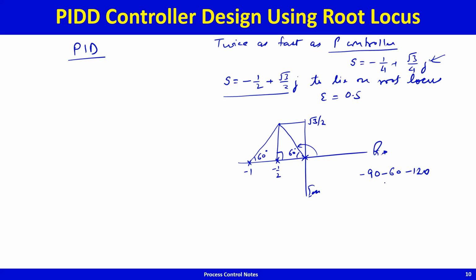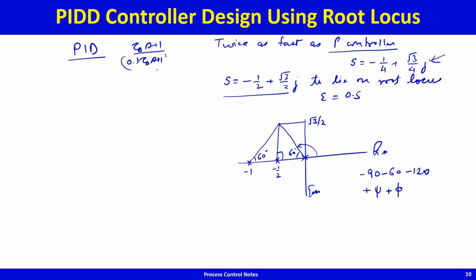So plus the angle due to the 0 that I put in, plus the angle due to the pole which is 10 times away from the 0, because in the derivative I'm putting tau ds plus 1 divided by 0.1 tau ds plus 1.